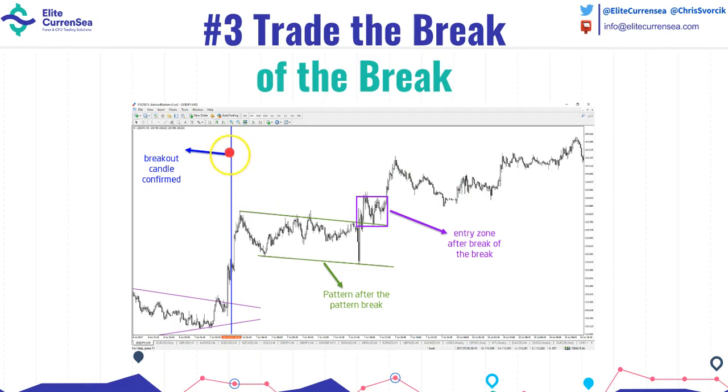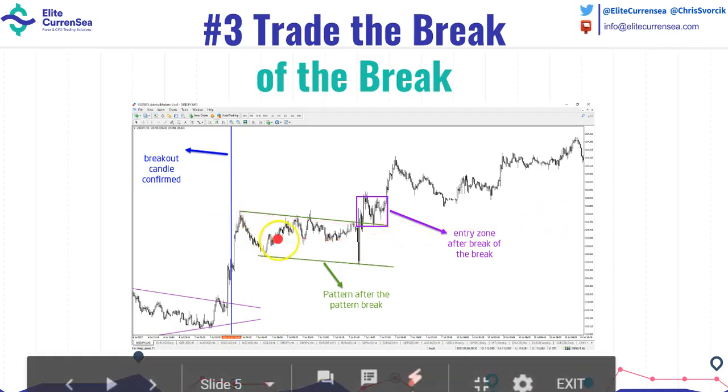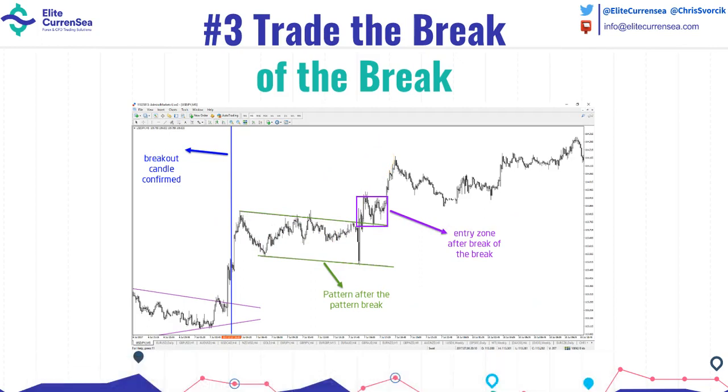You can see the blue horizontal line indicating when the breakout candle confirmed. Then looking for a new pattern on the lower time frame, like this bull flag on the 5-minute chart. When there is a new pattern on the lower time frame, that signals that price is correcting and setting itself up for a continuation.